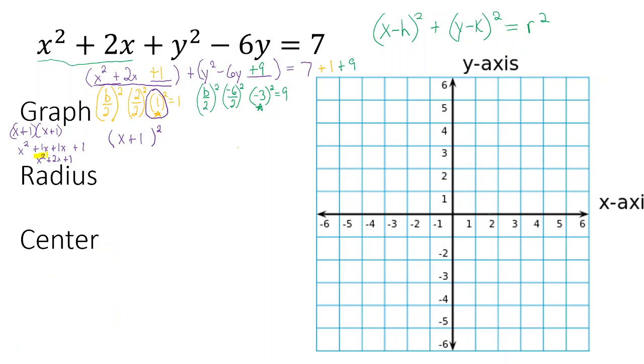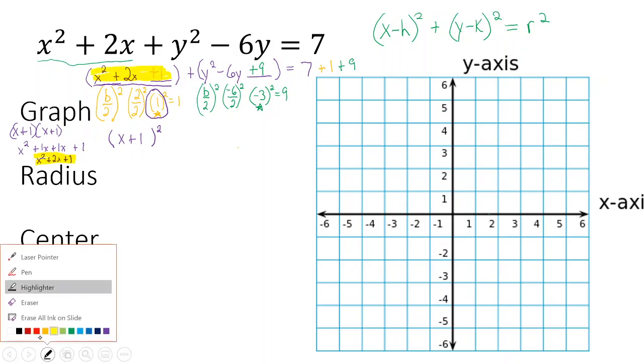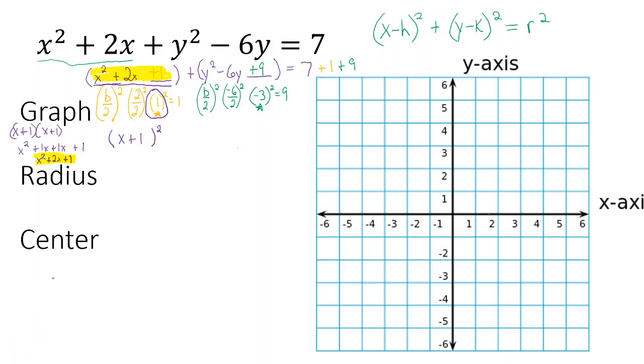Now, if we're paying attention, x squared plus 2x plus 1 is what I already had up there. So the factored version would be x plus 1 times x plus 1, which is exactly x plus 1 squared.